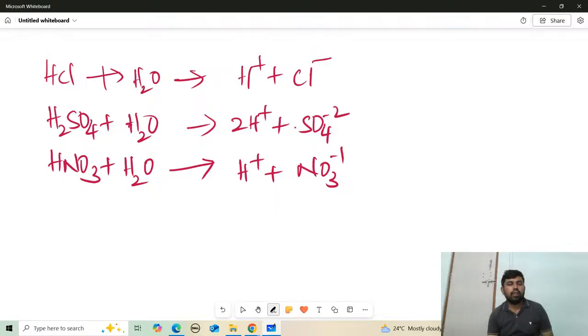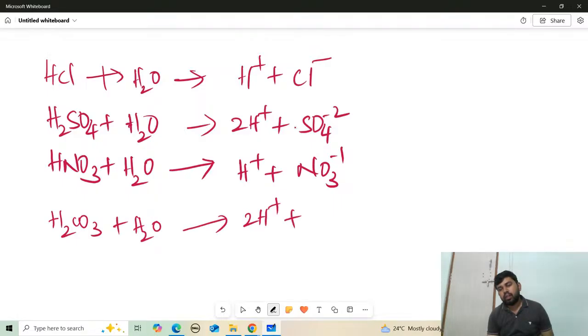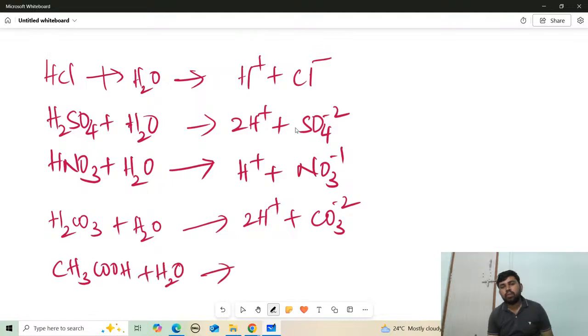Similarly, if I take H2CO3, carbonic acid, plus H2O, it produces 2 H plus ions and CO3 minus 2 ions. Similarly, if I take CH3COOH, acetic acid, plus H2O, it will produce H plus ions and CH3COO minus ion. Which ion is this?